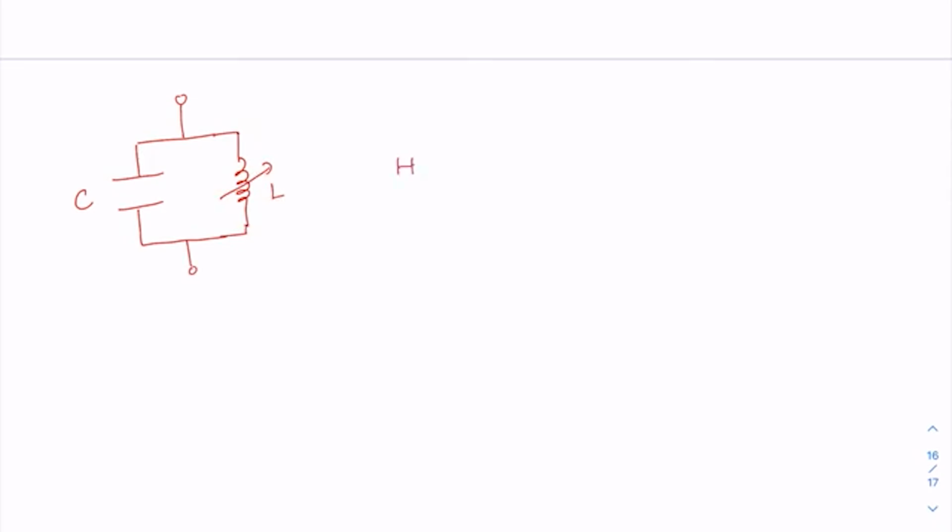And the Hamiltonian would be H equals q squared by 2C minus Ej cos of the magnetic flux divided by the flux quantum. As you see, we have a charging energy term and a tunneling energy term.